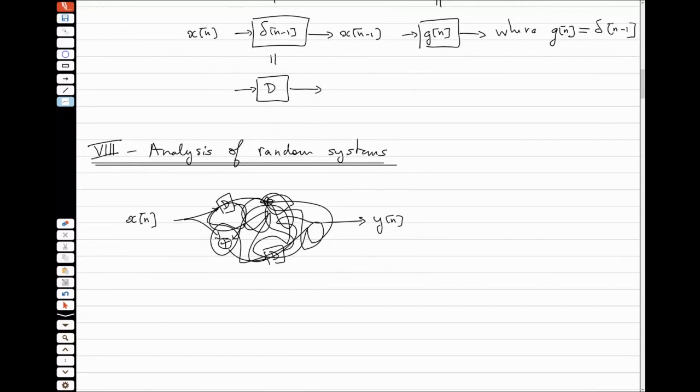But the question is, what is the impulse response? What is the difference equation? Is it stable?